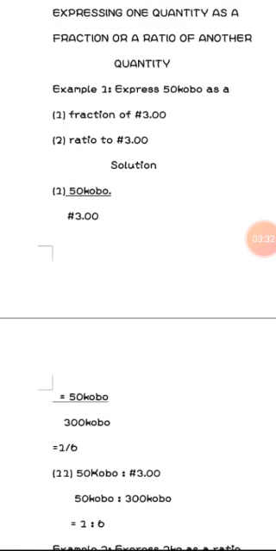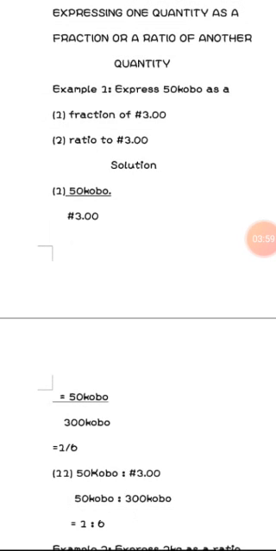Below it, I have converted my 3 naira to kobo because 100 kobo makes 1 naira. 300 kobo makes 3 naira, as we can see below. Now I have 50 kobo over 300 kobo.